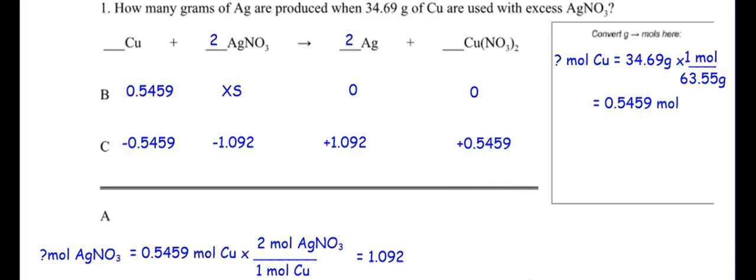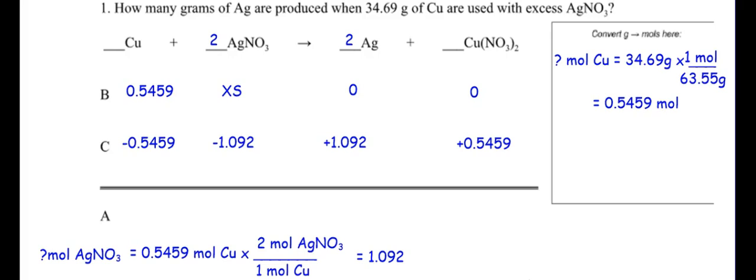And so one other thing you have to keep in mind, notice that my signs, I'm subtracting always my reactants. I am adding always my products. Why is that? Well, because you are using up your reactants, you are losing your reactants, and you are making more of your products, okay?